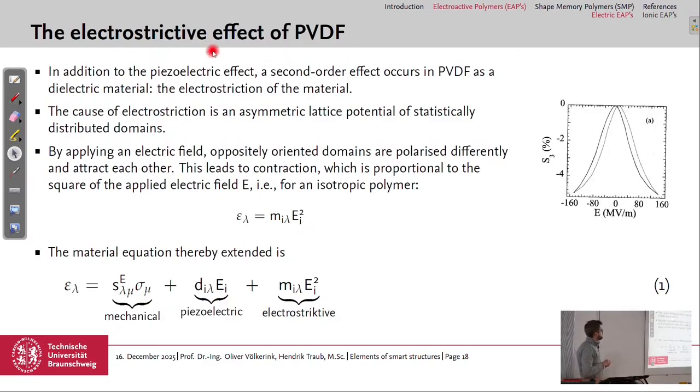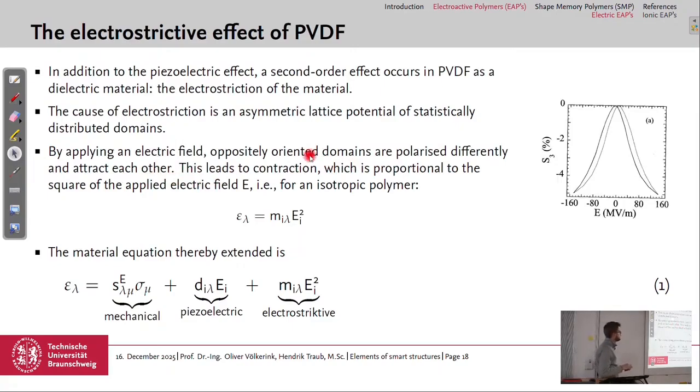There's also another effect, the electrostrictive effect, which is a second order effect. The electrostriction of the material, like a dielectric material, is caused by the asymmetric lattice potential of these distributed domains. By applying the electric field, oppositely oriented domains would attract each other, and this would lead to a contraction.